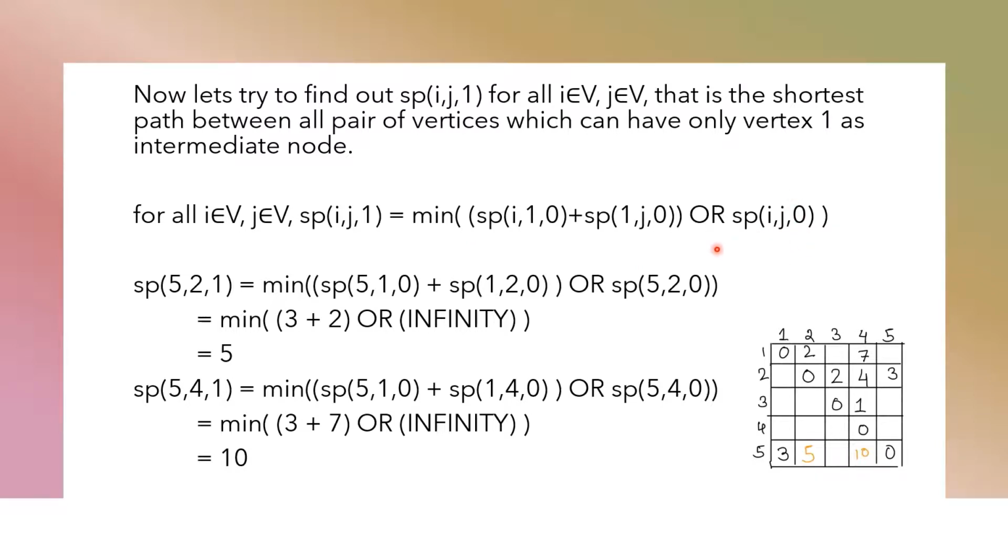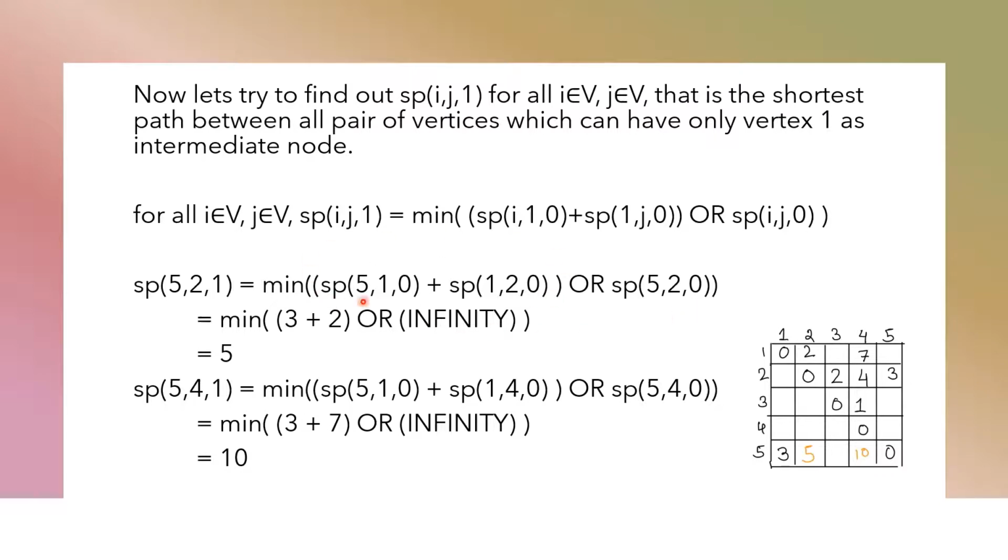Now we fill each cell with a value accordingly. Applying this basic formula, we find the minimum of the distances through the intermediate vertices and fill up the cells accordingly. For example, here we follow the same pattern: sp 5 to 1 is the minimum of sp 5 to 1 at 0 and sp 5 to 0 plus sp 0 to 1.